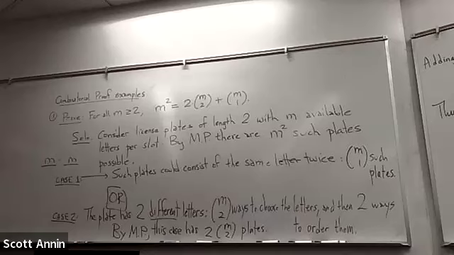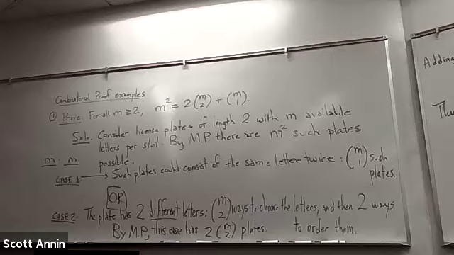So there are k squared times n choose k ways to construct this by the multiplication principle. By that multiplication principle, we can multiply that out, and this is what we would have.